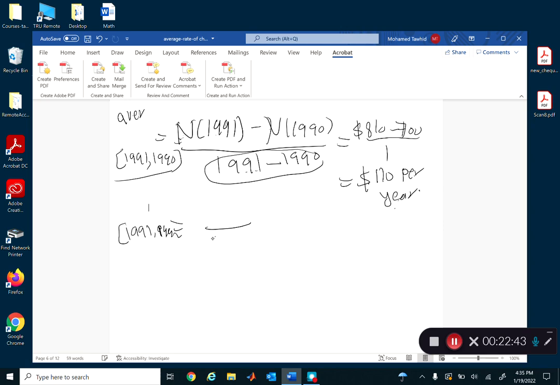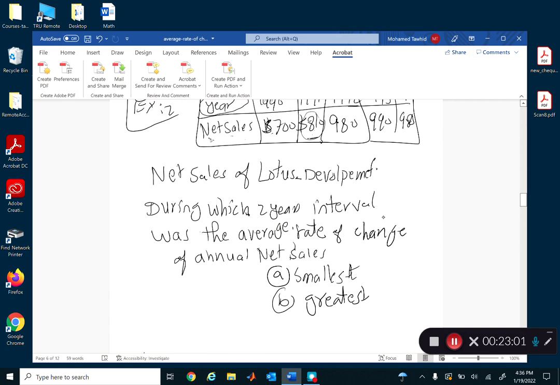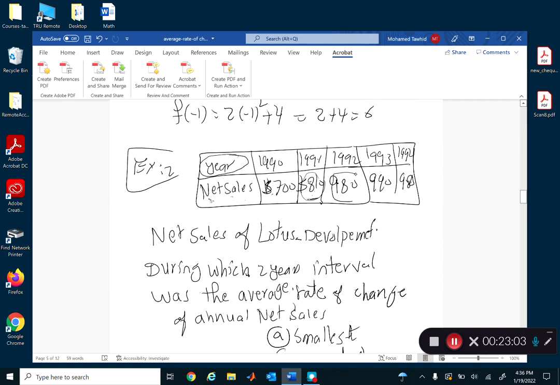So for 1992 minus 1991, the difference in years is 1. What is the value of the net sales in 1992 from the table? It is 980, minus the 1991 net sales, which is 810.